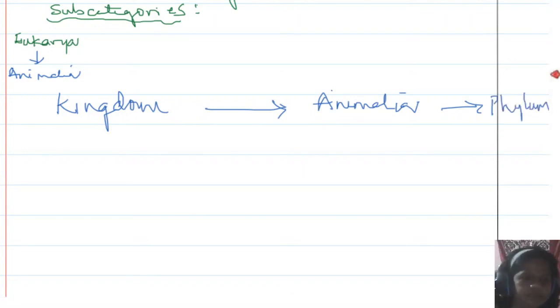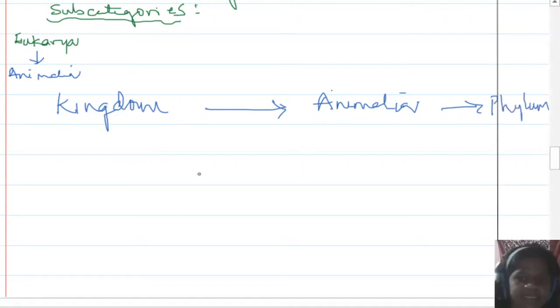According to the obligate categories or the main categories, we know that in the kingdom we have different phylum. Right, this is one of the kingdoms in eukarya. Anyway, so when it comes to obligate categories, these two are right next to each other, right? Animalia, and then comes phylum, right?